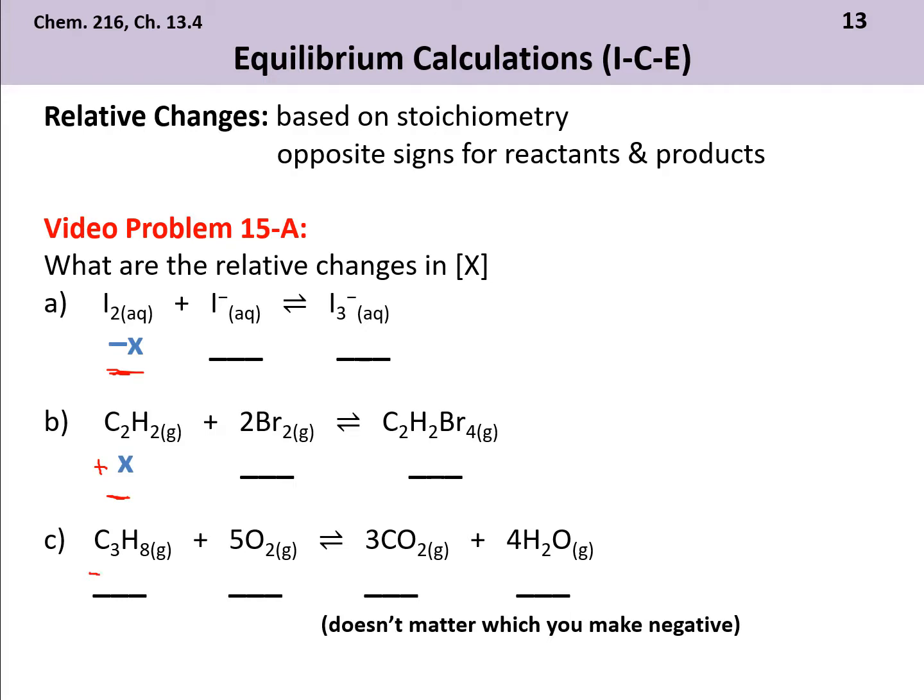I could make this negative, or I could make this negative. If I make this negative, it'd be minus 3x, and therefore these would be positive. Meanwhile, if I make this over here negative, then this side will be positive. Okay? But go ahead, look at that, try to figure it out, and watch that video, because it's going to be really important.